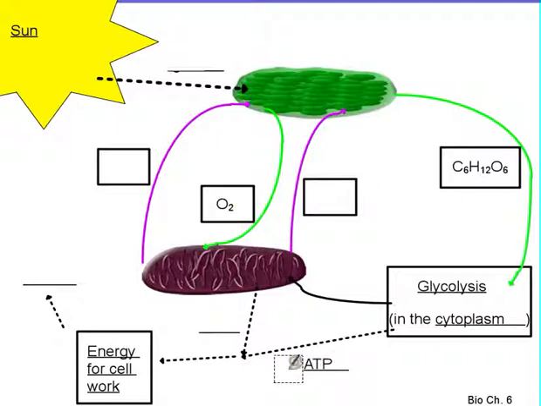It makes some energy. Then it also sends pyruvic acid to the mitochondria, and that's what is broken down into more ATP.